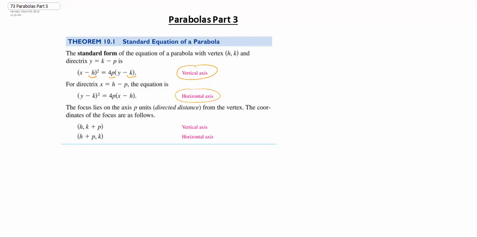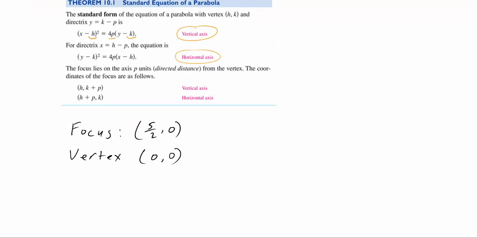So if we start out with the first example here, if we're given that the focus is 5/2, 0, and the vertex is 0, 0, in other words, the vertex is at the origin.